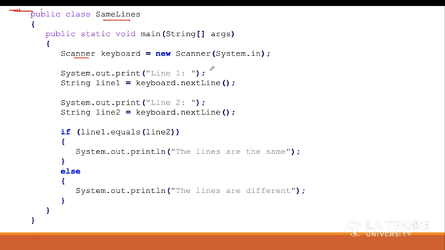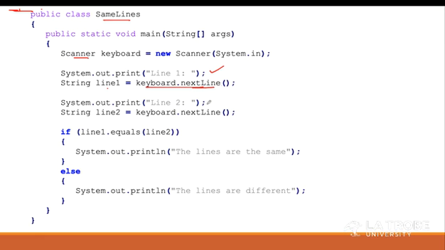Now you're asking the user to enter line 1 and then accepting that inside a string called line1. And now we are using nextLine because, A, we are accepting a string, and B, because we want the full line from the user and it will contain spaces. So you can't really use next there. That's the reason we are using nextLine.